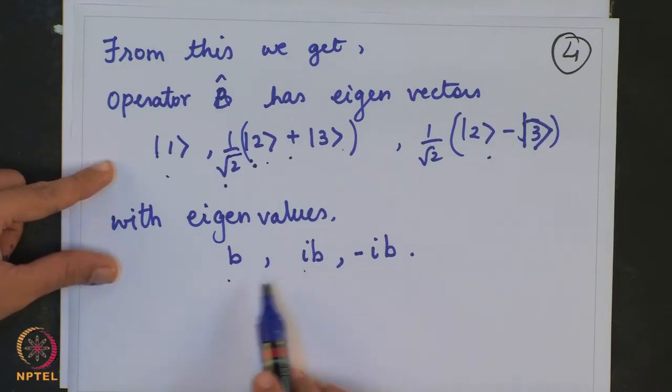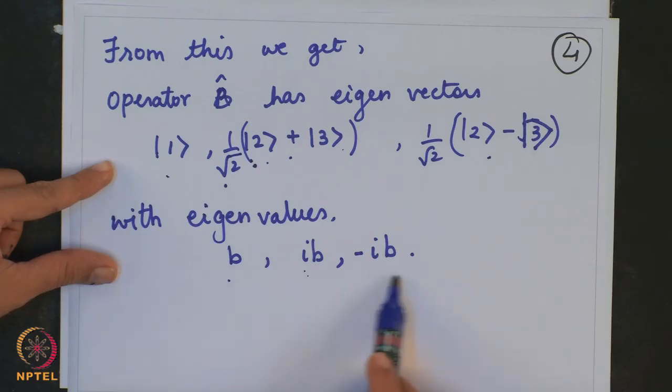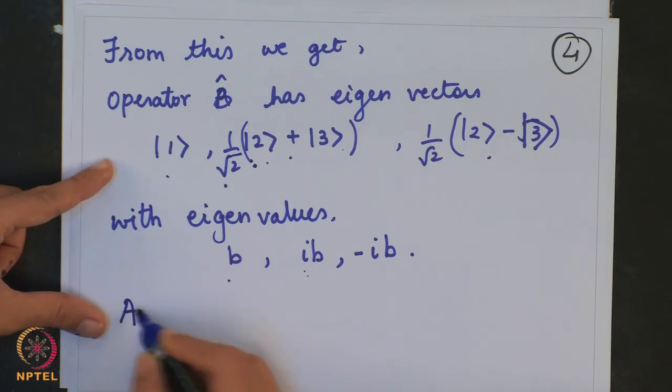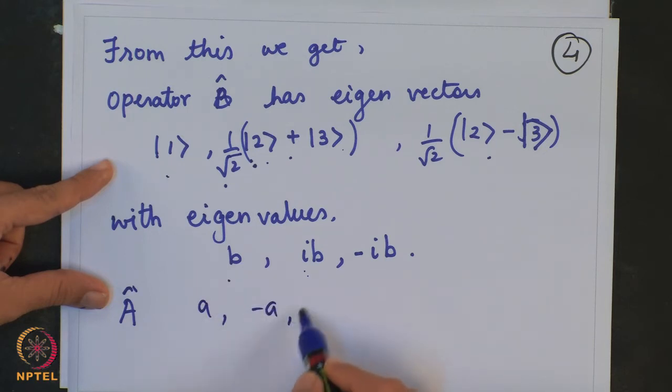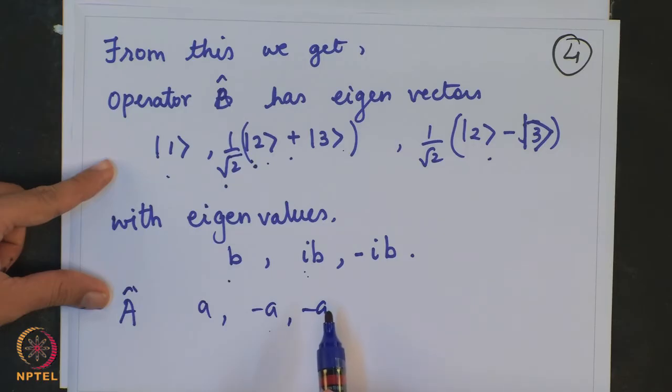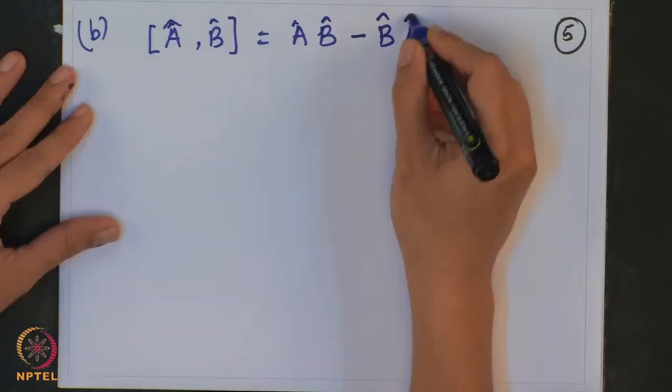So, you can see that these are non-degenerate. Okay. However, the operator A has eigenvalues A, minus A, minus A. So, this is a degenerate state for eigenvalue minus A.